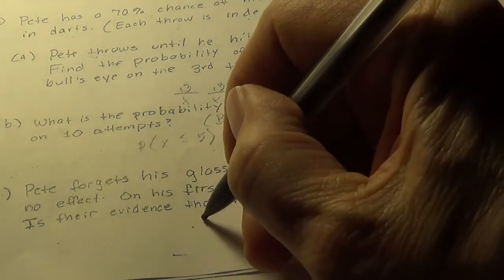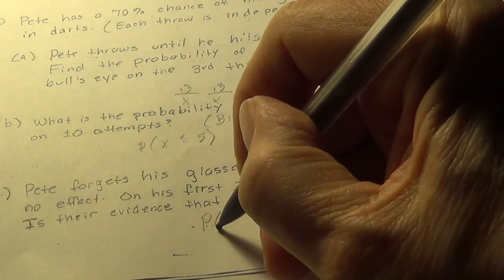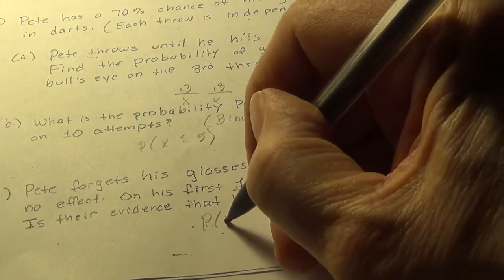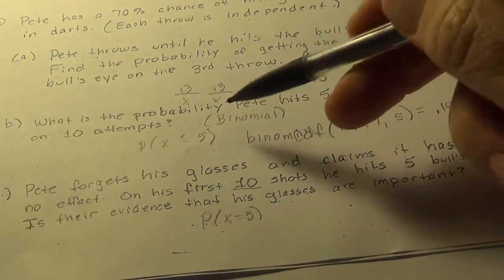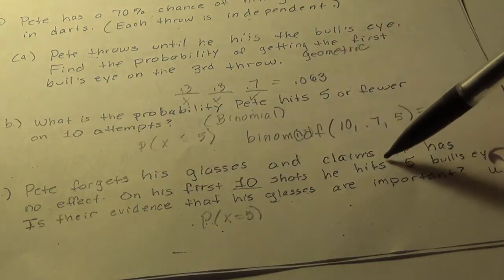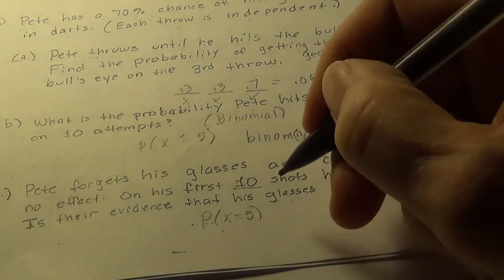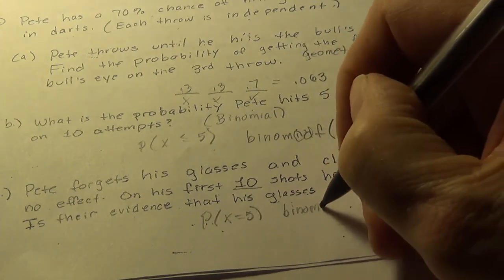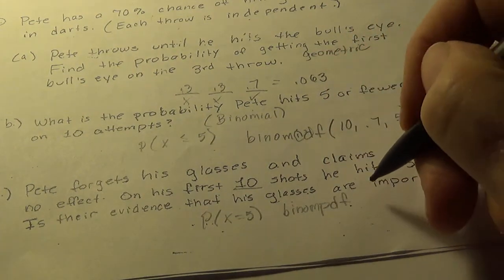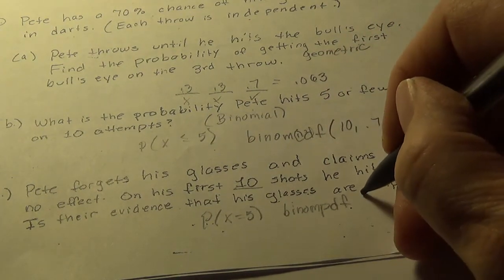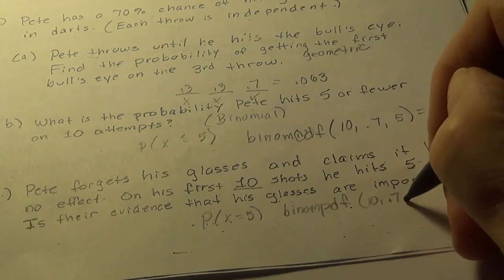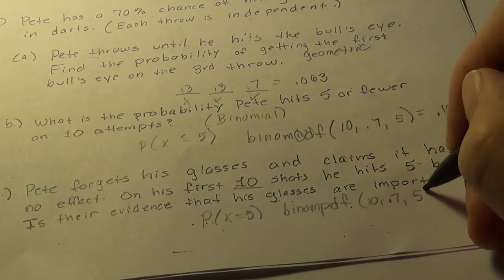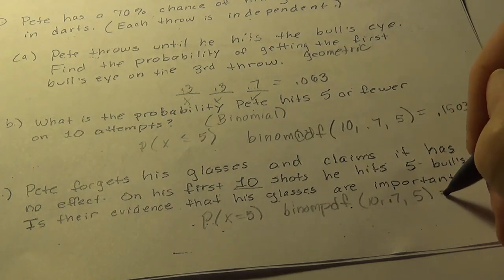So we want the probability, again it's a binomial, that he hits 5, so we have x equals 5. Very similar to what we did here, except it says he hits 5. So we're going to do a binomial PDF, and same numbers, 10 trials, 0.7 probability of success, the number equals 5, and we get 0.103.